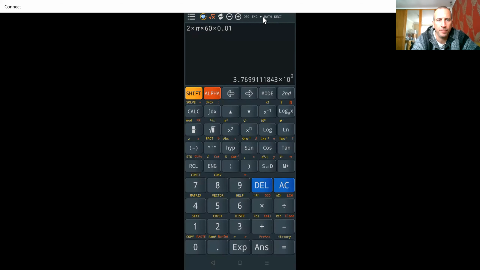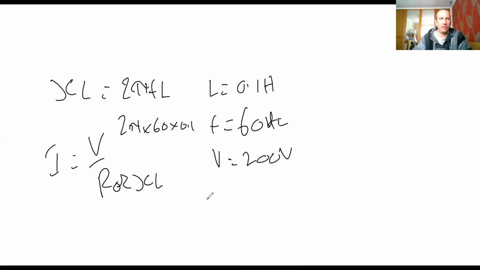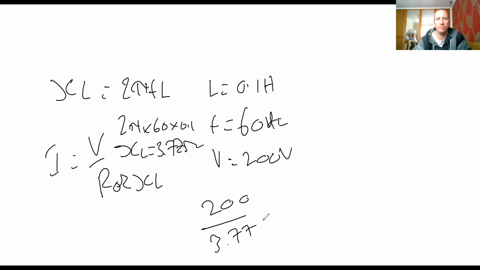Back to our thing here. So XL equals 3.77 ohms, right? So then 200 volts over 3.77 gives us our current. So I is equal to 200 over 3.77. So then we can go back to our calculator again.